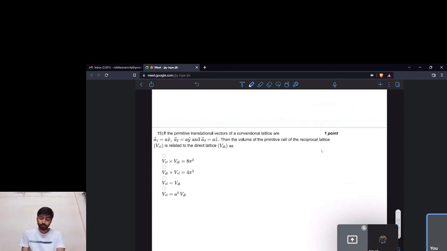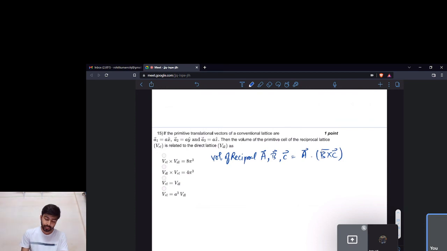So now the final question for the present module is: if the primitive translation vectors of a conventional lattice are a1 equal to a x, a2 equal to a y, and a3 equal to a z, the volume of the primitive cell of the reciprocal lattice is. So now we know that the volume of reciprocal space having vectors A, B, C is equal to A dot B cross C, right?